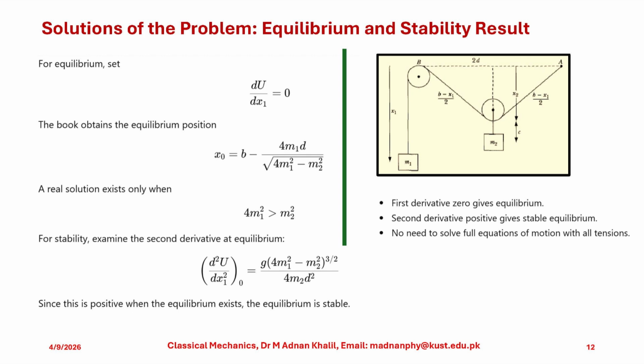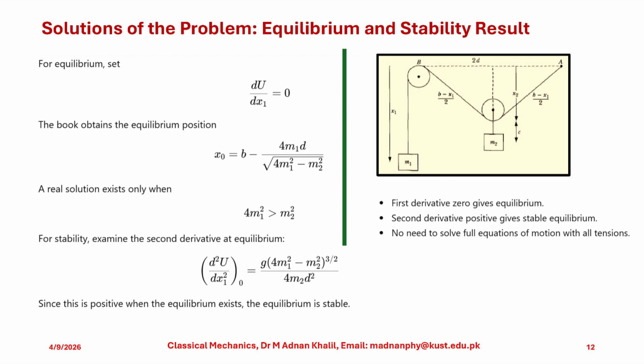For the stability, we examine the second derivative, that is, obtaining the second derivative of the potential with respect to x1 at the equilibrium point will give us this expression. Now since after holding that condition, 4m1 square greater than m2 square will give us a positive second derivative.